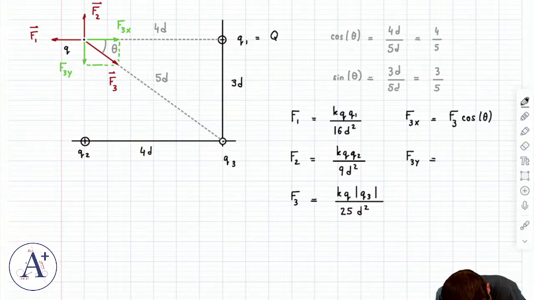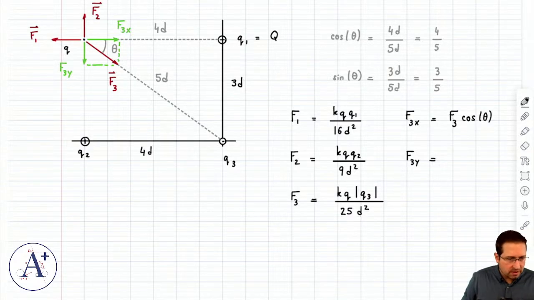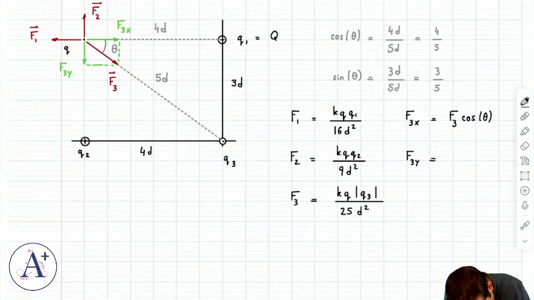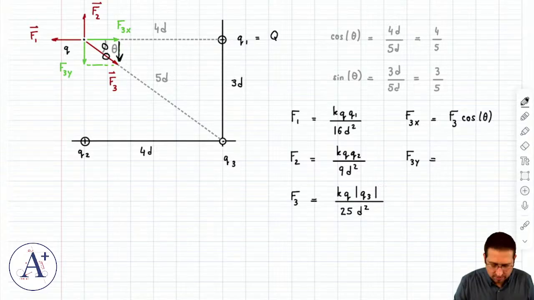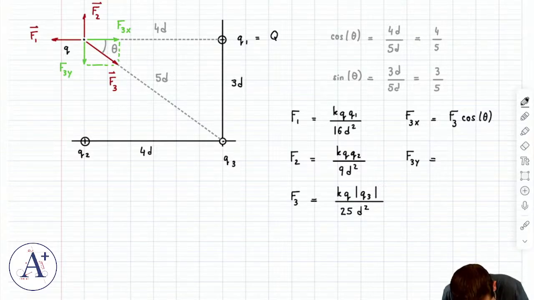And then F3y, again just in magnitude, is hypotenuse, angle, and then it's really the opposite side, so that's F3 sine theta.